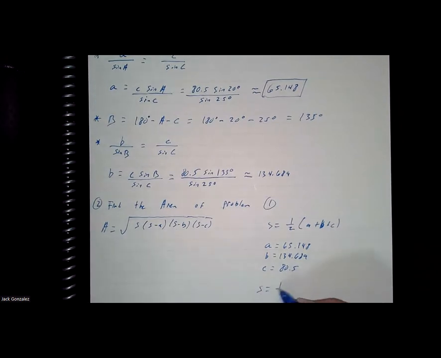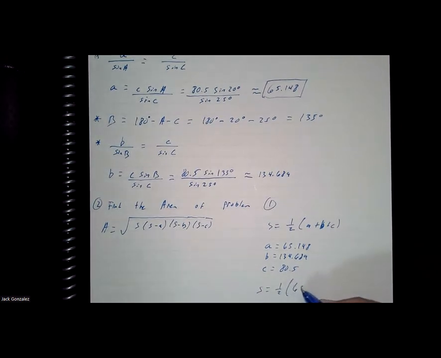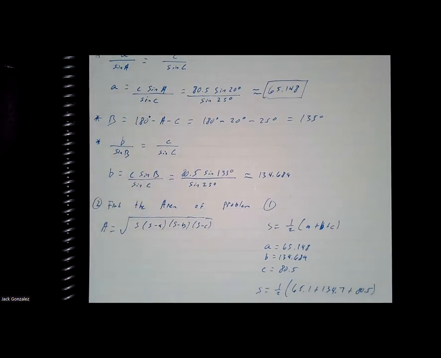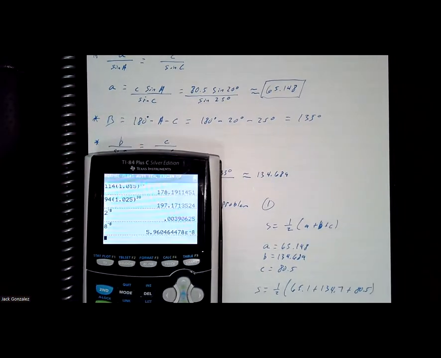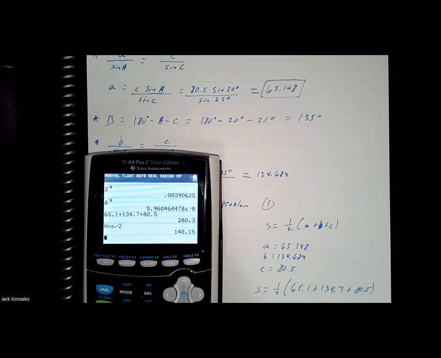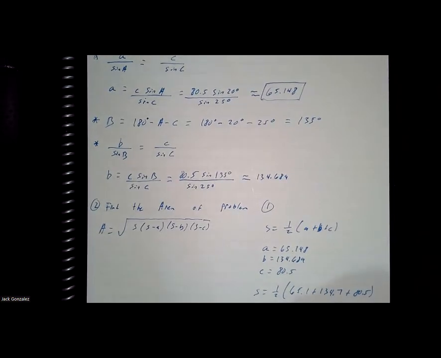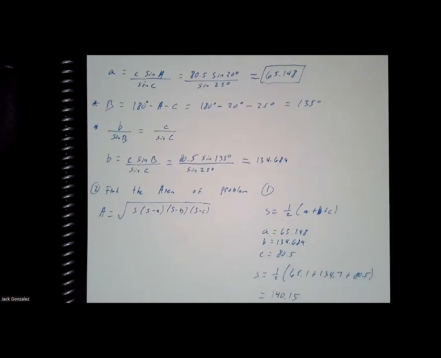S is equal to 1/2 times 65.1 plus 134.7 plus 80.5. 65.1 plus 134.7 plus 80.5 divided by 2. There's S.